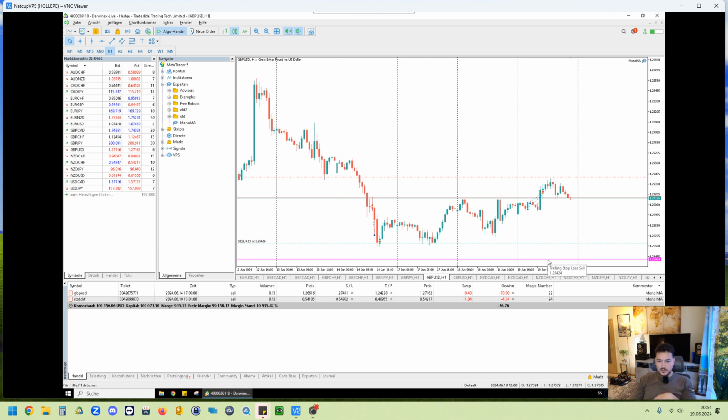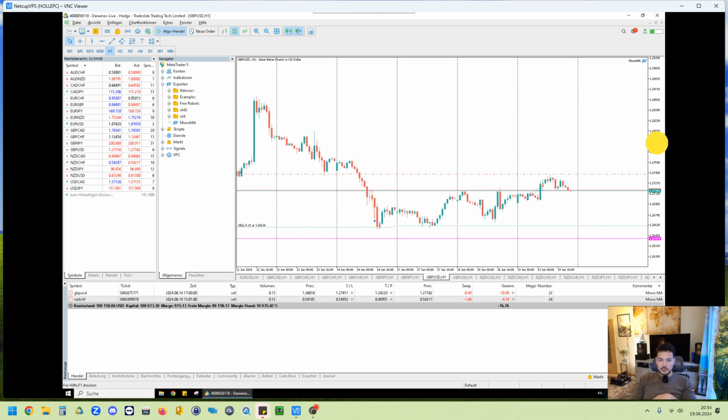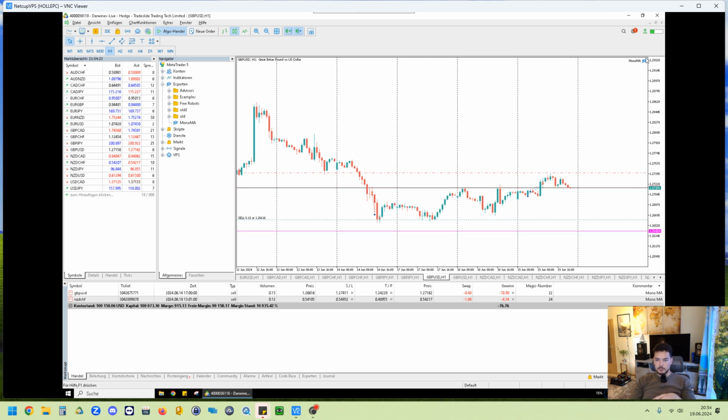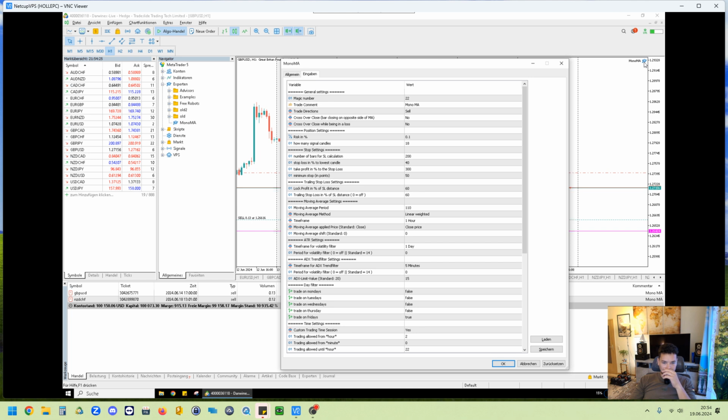You see this pink line, this is the trailing stop. I coded it in a way that the trailing stop does not always follow. The trailing stop starts to kick in as soon as the price hits the colored line. So as soon as the price crosses this line, it will be followed by a certain percentage.